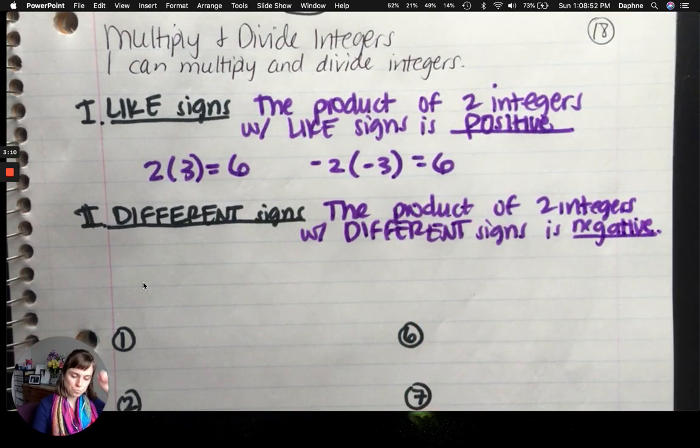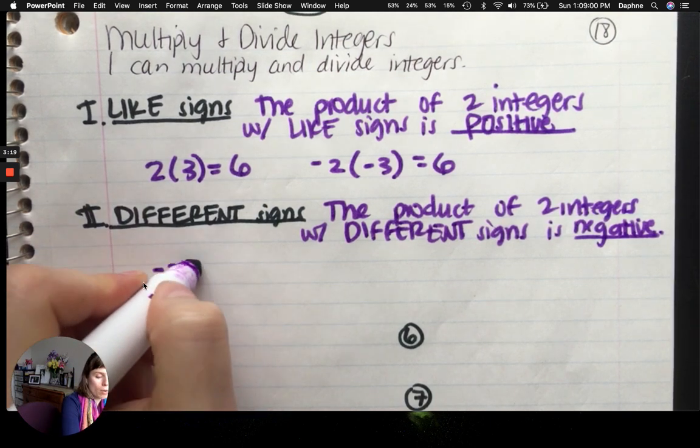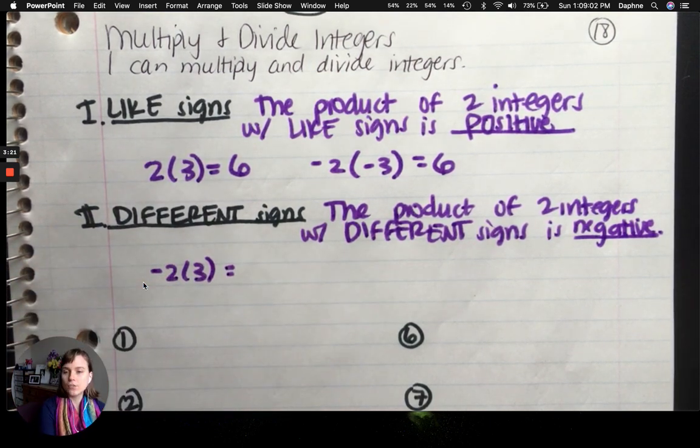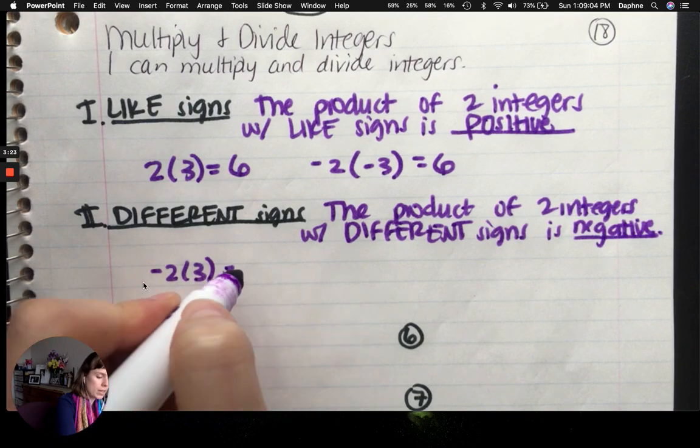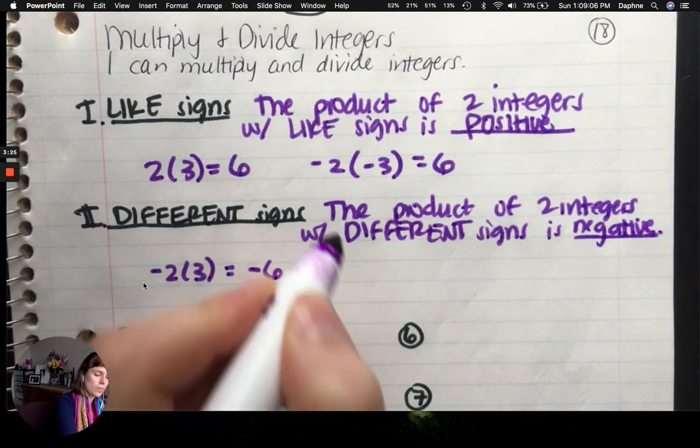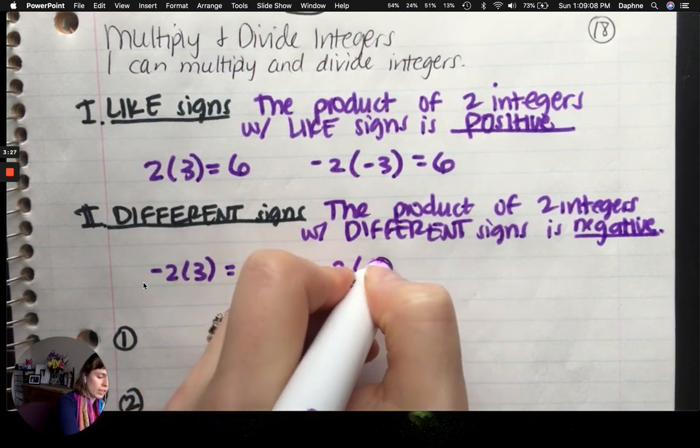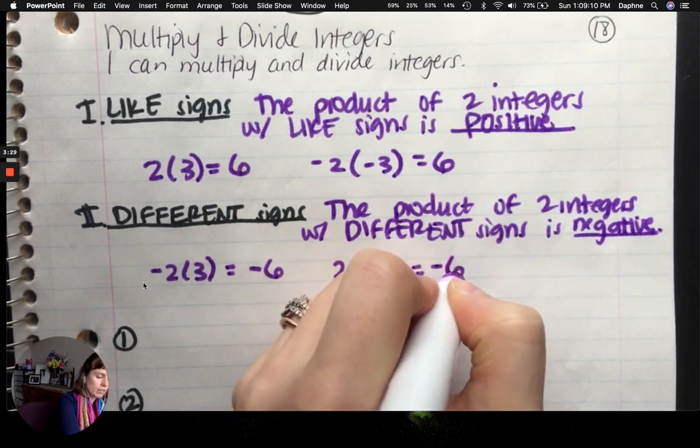Perfect. So the product of 2 integers with like signs is positive, with different signs will be negative. So what if I had a negative 2 and the positive 3? Negative 2 groups of positive 3 would get me a negative 6. Positive 2 groups of negative 3 would also get me a negative 6.